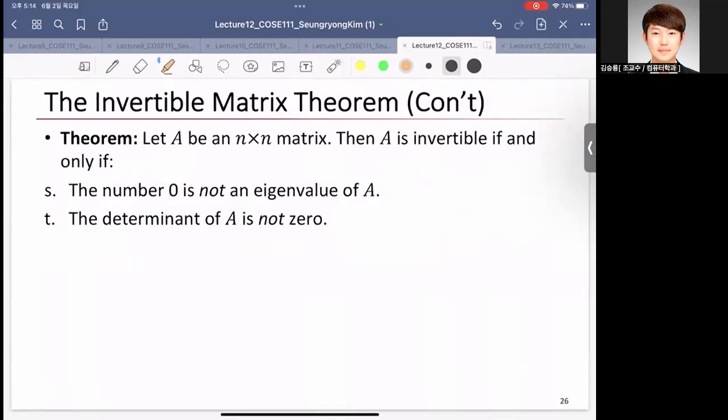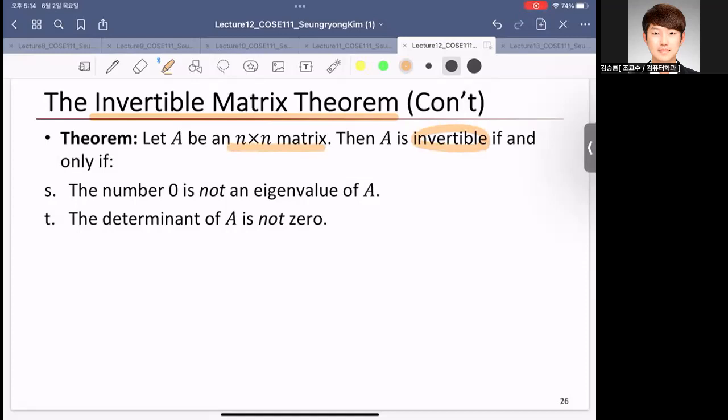To define the characteristic equation, we have to go back to the invertible matrix theorem. There were so many concepts about invertible matrices, where A was an n by n matrix.